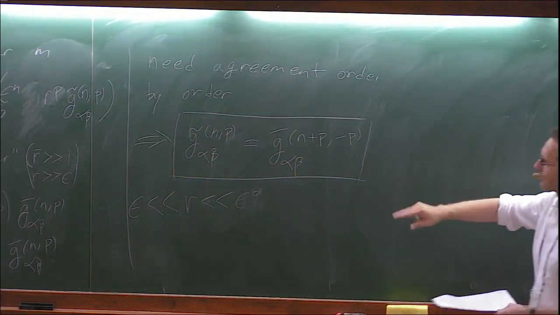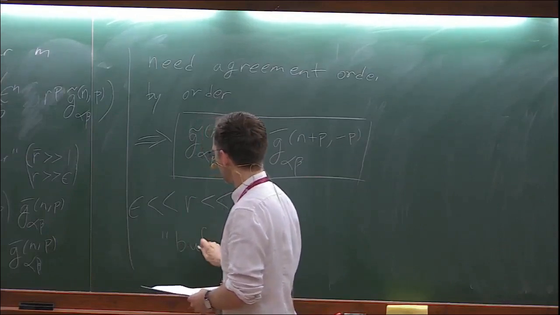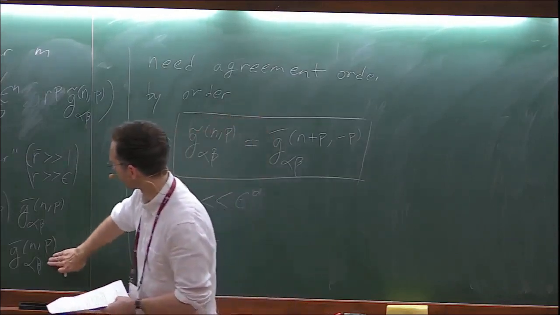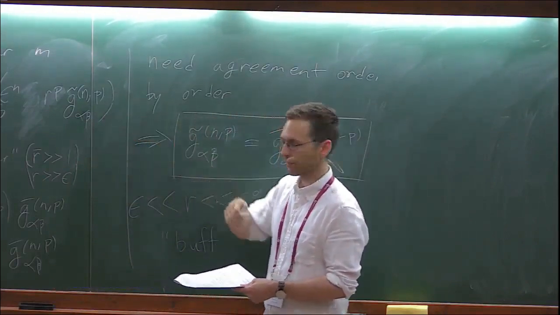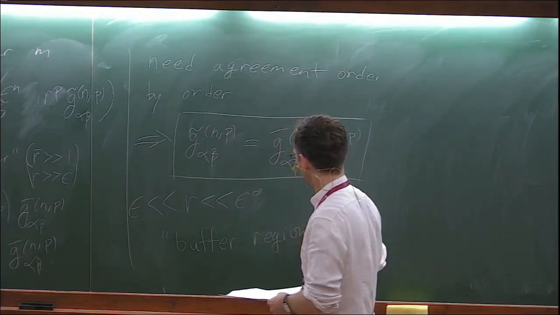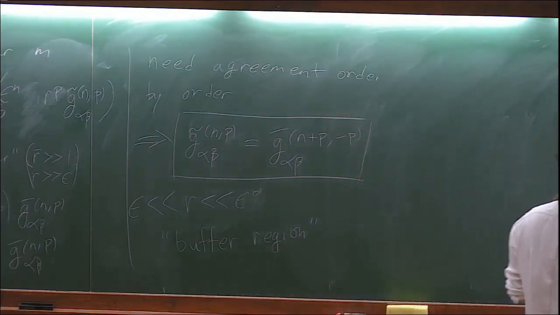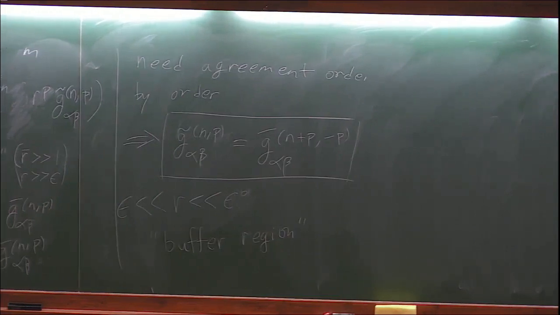I think this is called the buffer region, where you would actually expect this double expansion and this double expansion to be an accurate solution. So these are distances that are large compared to the size of the small object. So say out here somewhere.